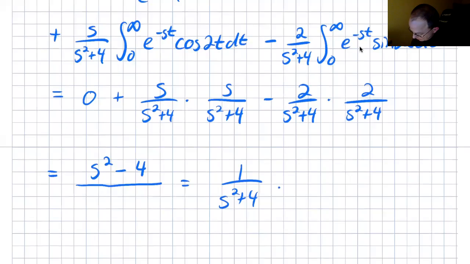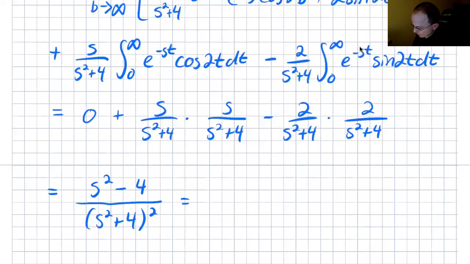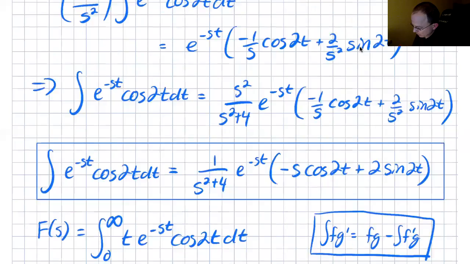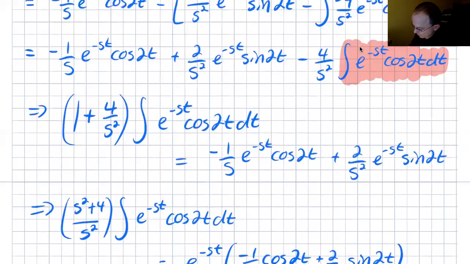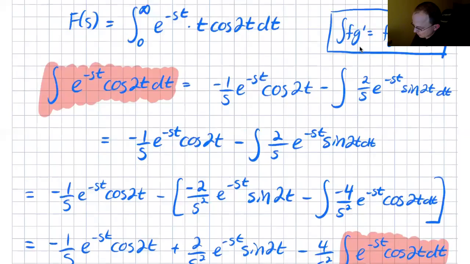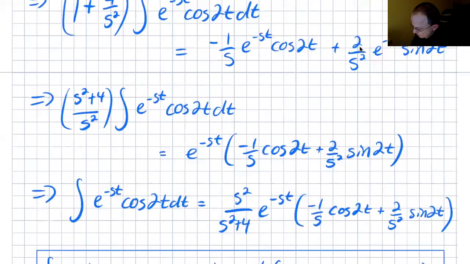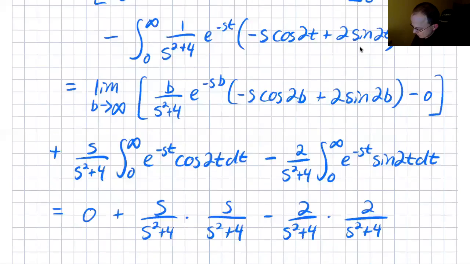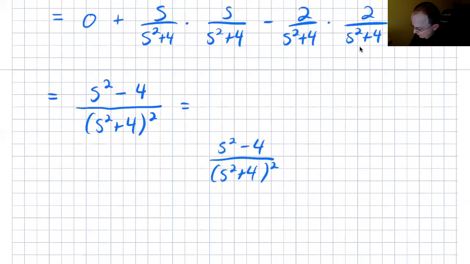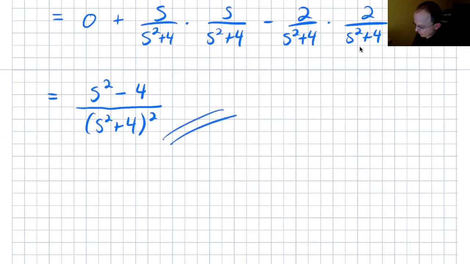So this will actually be s squared plus 4 squared. And wait, is that what we wanted? Yeah, that is. So let me just check. Perfect. Okay, that's it. Whew, what a question. That was rough.